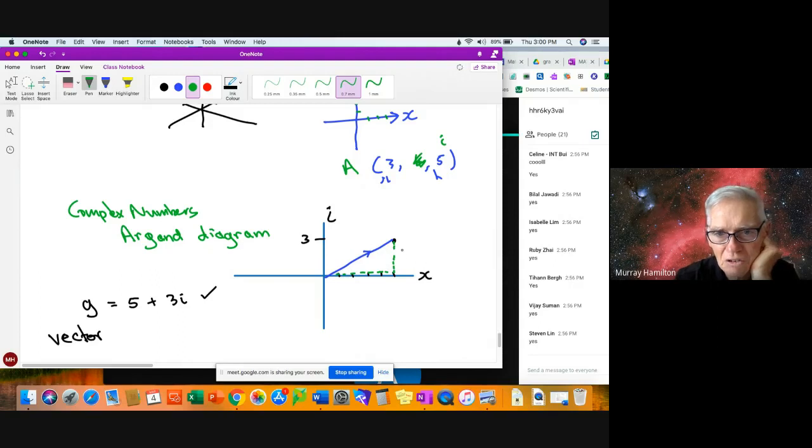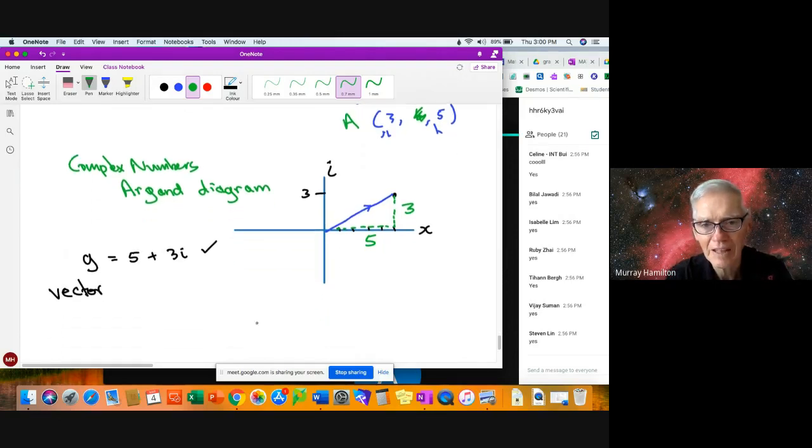And we know this triangle is 3 high and it's 5 wide. So we can work out the length of the line. And the length is given the name modulus. You see, you're learning all these new names in calculus.